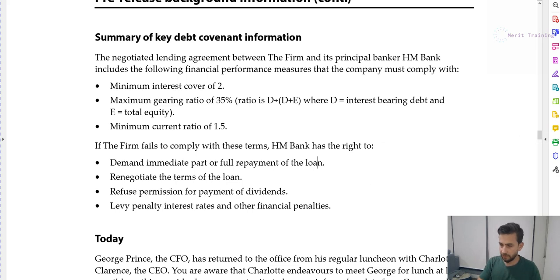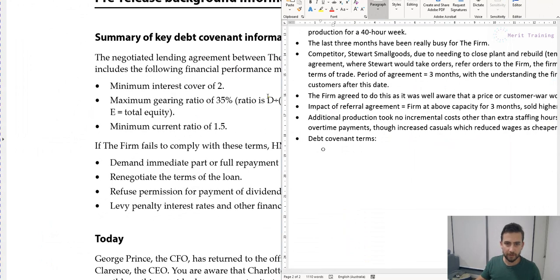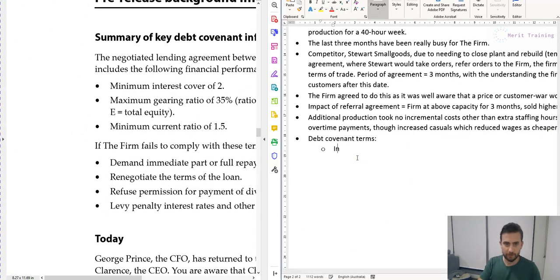So debt covenant terms. I'll just show you what I'm doing over here. I'm just writing debt covenant terms like that, and we'll go. Interest cover of equal or greater to 2, max gearing ratio 35%, minimum current ratio 1.5.